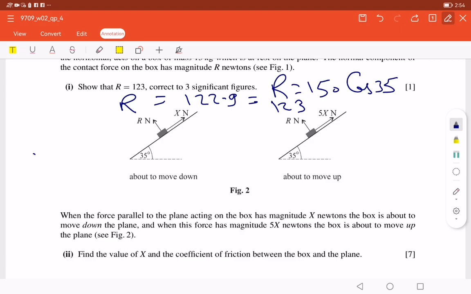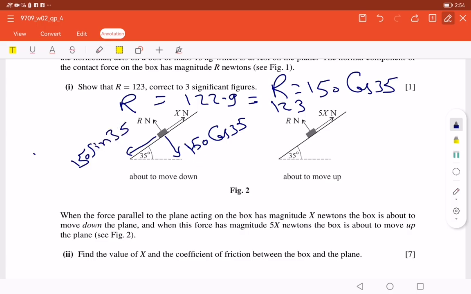Firstly, you must know the difference between figure number 1 and figure number 2. Here, when the force is x, the body is about to move down. What does it mean to move down? Firstly, put here 150 cosine 35 and 150 sine 35.